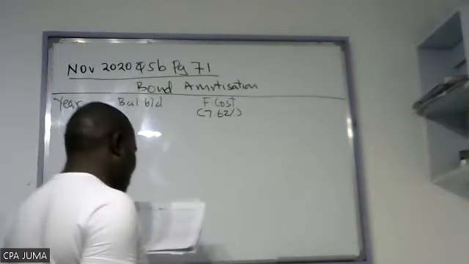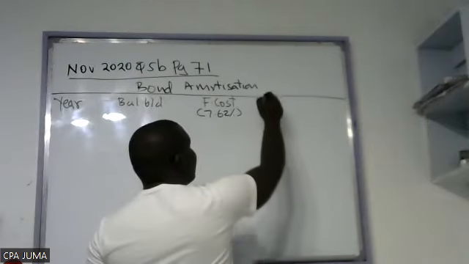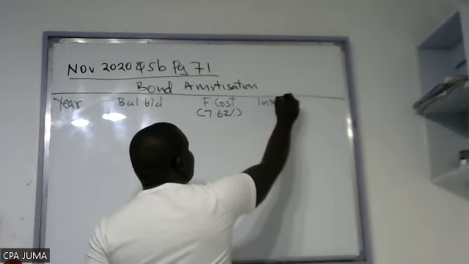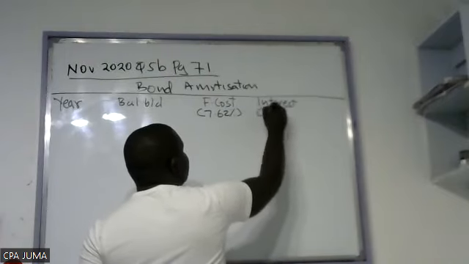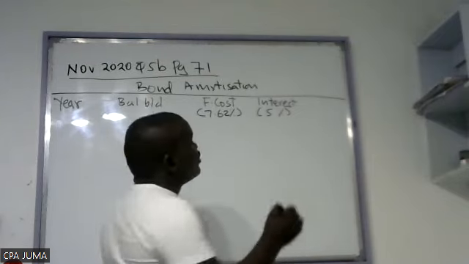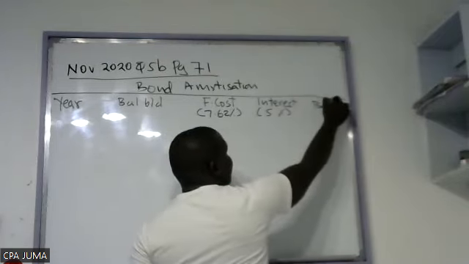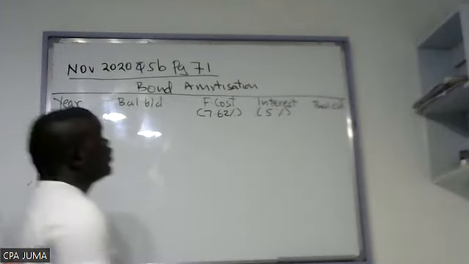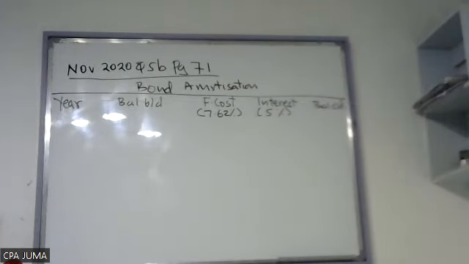Then the actual interest is 5%. Then you will get the amortized cost at the end, which is the balance carried down here. Correct.